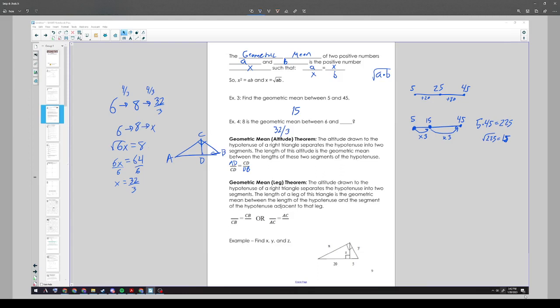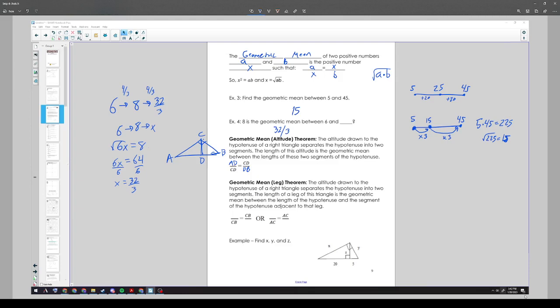It says the altitude drawn to the hypotenuse of a right triangle separates it into two segments. Again, just this altitude, same thing. The length of a leg of the triangle is the geometric mean between the length of the hypotenuse and the segment of the hypotenuse adjacent to that leg. So, using our same triangle, CB is a leg and AC is a leg.